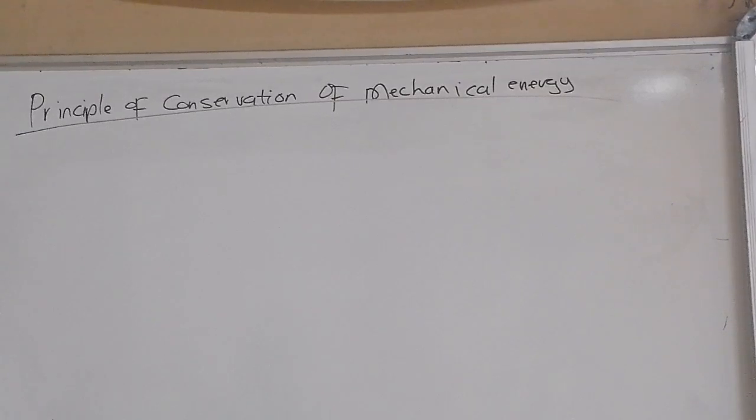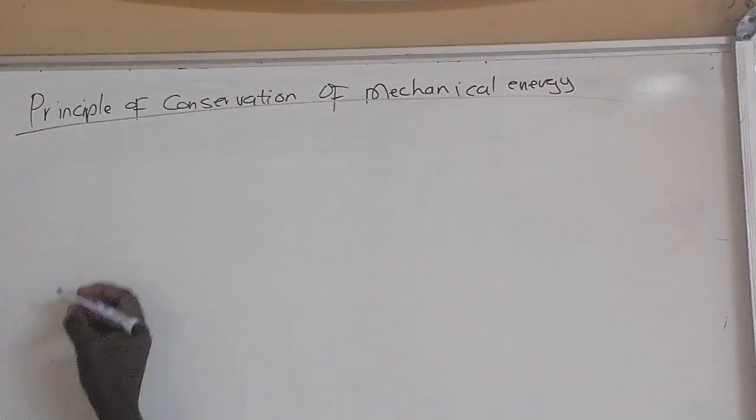And there's another, more simplified way: the sum of the kinetic energy and the potential energy in an isolated system remains conserved, or remains constant. But I will urge you to use the one that says the total mechanical energy of an isolated system remains constant, because my learners are also using that one. I told them to use the easiest one.